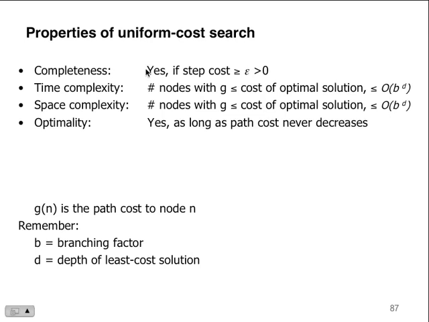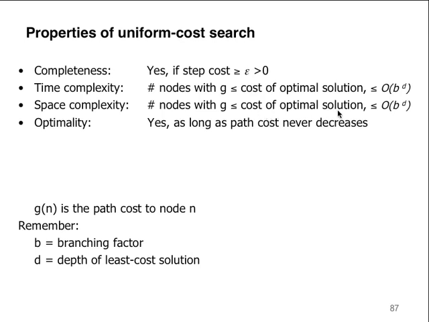So in terms of its properties, for completeness, yes, if the step cost is larger than or equal to some epsilon larger than 0, which means we actually have somewhere to go. Time complexity, the number of nodes with g less than or equal to the cost of the optimal solution. Space complexity, very similar in terms of that.